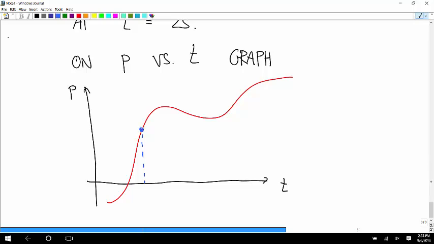And we want to calculate the instantaneous velocity at this point t.